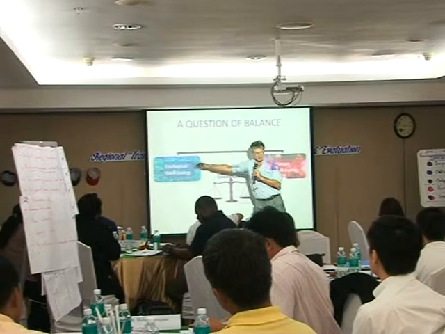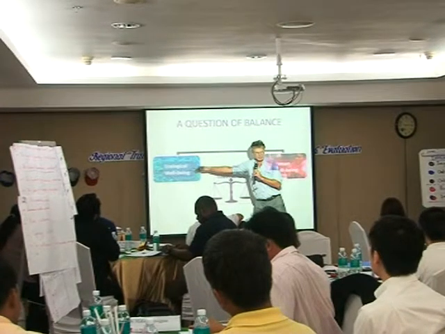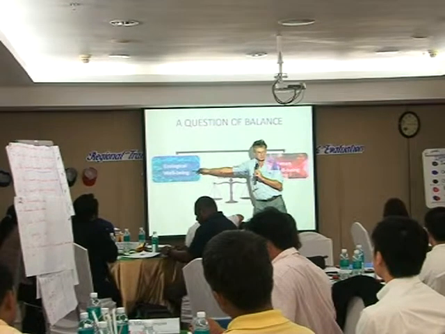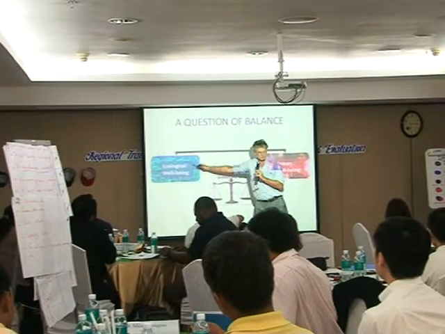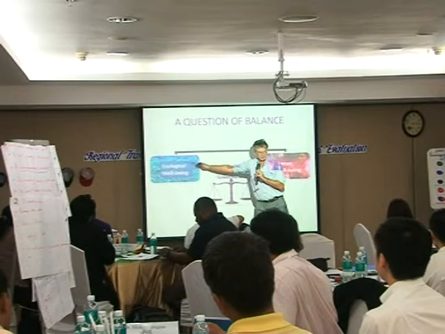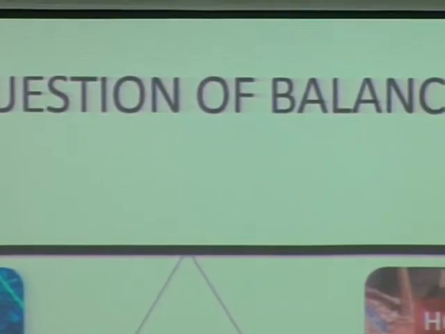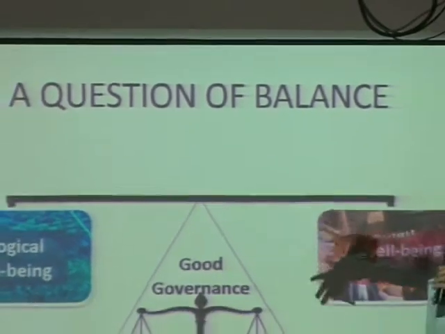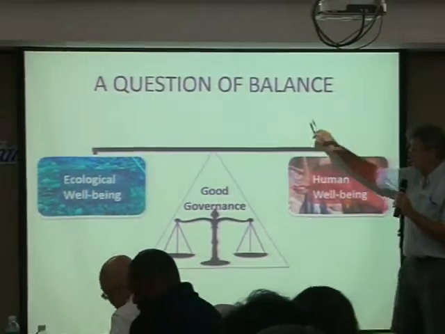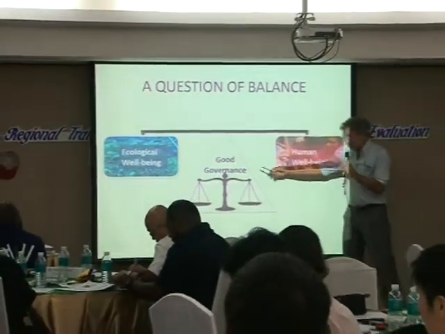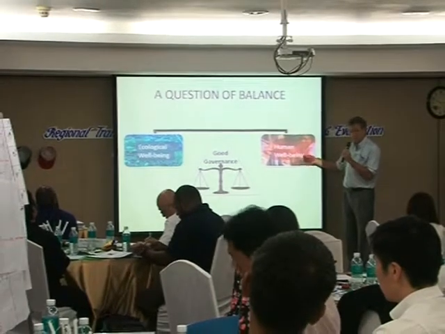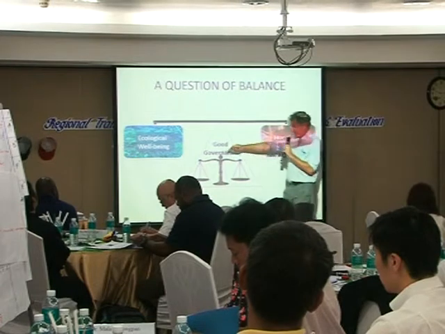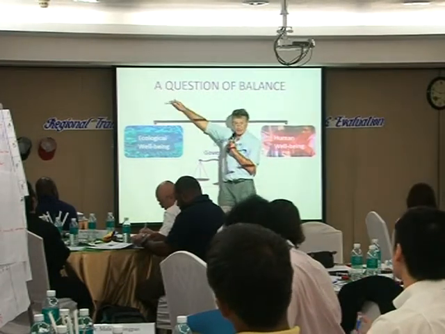We want the ecology and the ecosystems to be strong. On this side we want humans to benefit, people to benefit from bylaws, etc. Now the beautiful thing about this diagram is that it's arranged around a balance. It's a question of balance. If your governance weighs too heavily in favour of human well-being, so this one comes down, then the ecological well-being becomes too light.